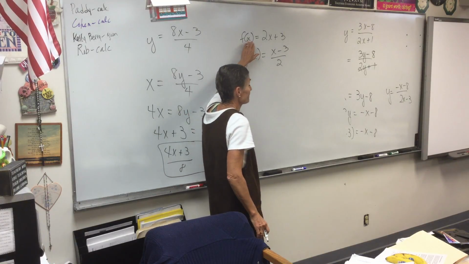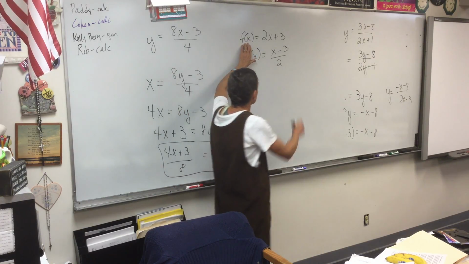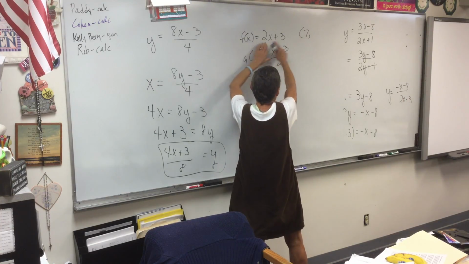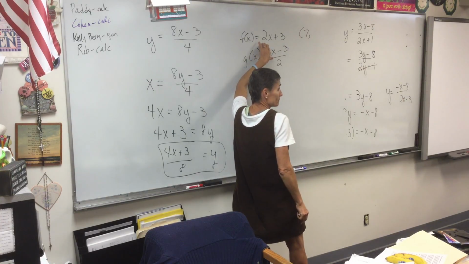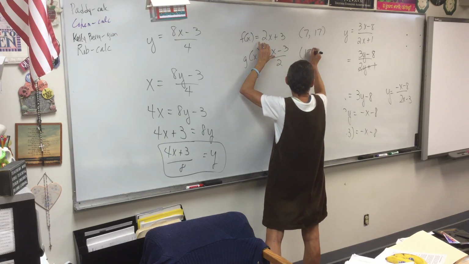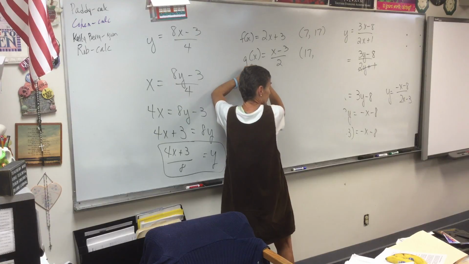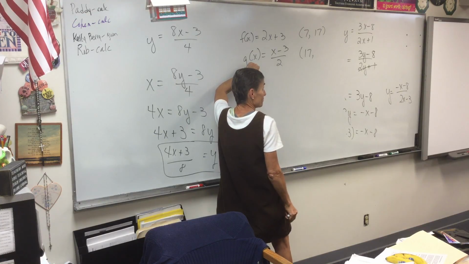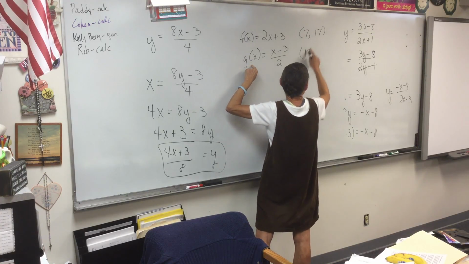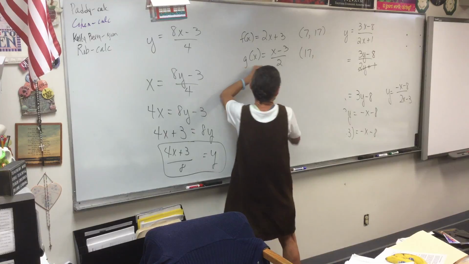I'm going to put 7 in this function right here. If I put 7 in for x, what comes out? 17. Now I'm going to take that 17 and put it in G, and what better happen? I better get 7. If 7 got changed into 17, then 17 better get changed into 7.